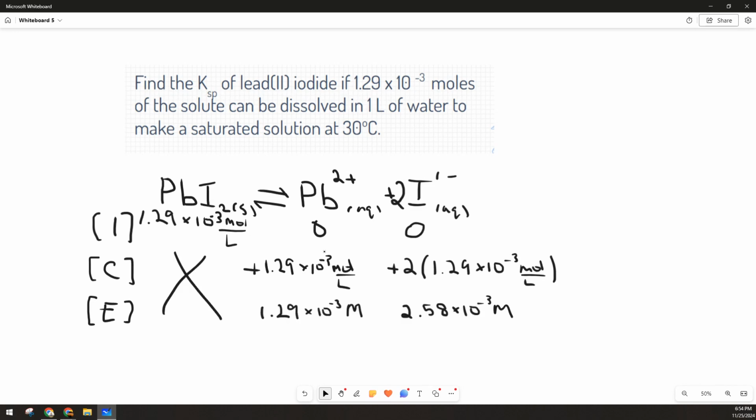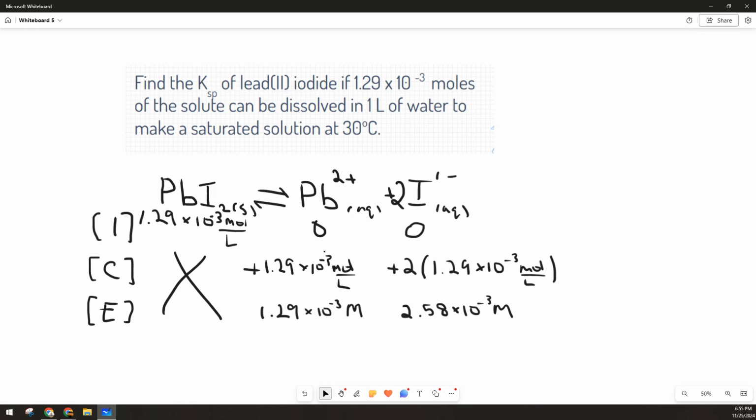So if I dissolve 1.29 times 10 to the negative 3 moles of lead iodide in a liter of water, that will get me a saturated solution, which by definition is my equilibrium situation. And the equilibrium concentrations of the ions will be 1.29 times 10 to the negative 3 moles per liter for the lead ions, and twice that, 2.58 times 10 to the negative 3 moles per liter, of the iodide ions.